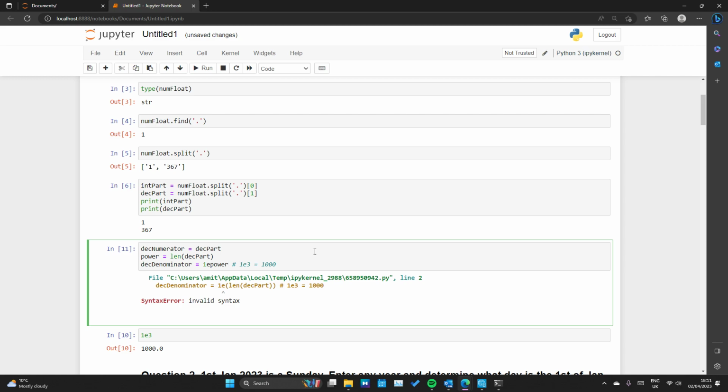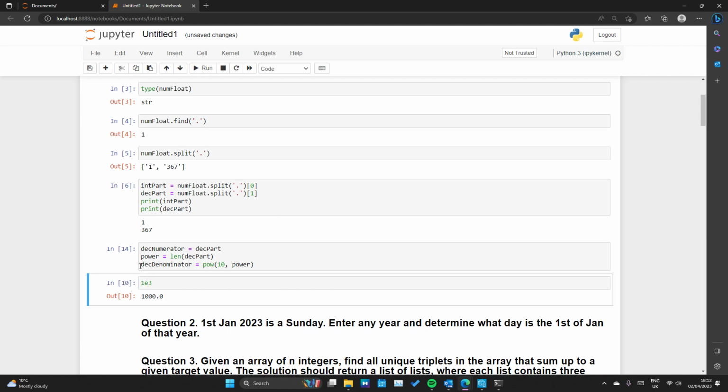But it may still not work actually, but let me verify. It does not actually. Okay, so I have another solution for this. I'm just going to use pow, the power function, and I just want 10, and the power should be simply the power that we just calculated, and I believe this can solve our problem.